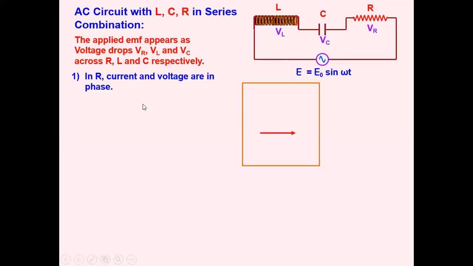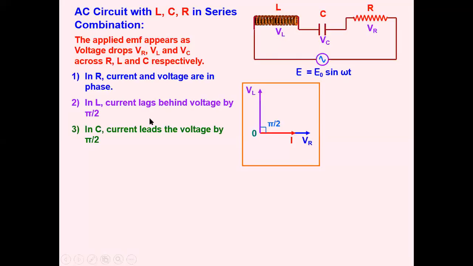We have already learned that current and voltage across a resistive circuit are in the same phase. So this is the voltage across the resistor VR, and the phasor of current coincides with the phasor of voltage. Now we have learned that in an inductive circuit, the voltage differs by a phase difference of pi by 2 with respect to the current.